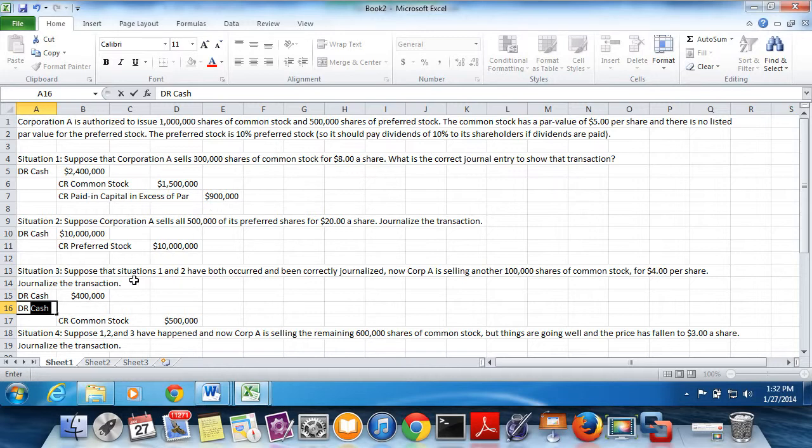Remember, you have to check whether it has a balance, and if it does, you can just debit that account for the difference between what was paid and the par value. So we're going to have a debit to paid in capital in excess of par for that 100,000. You see we have a debit of 400,000 plus a debit of 100,000 equals 500,000, a credit of 500,000, so that balances and works out.